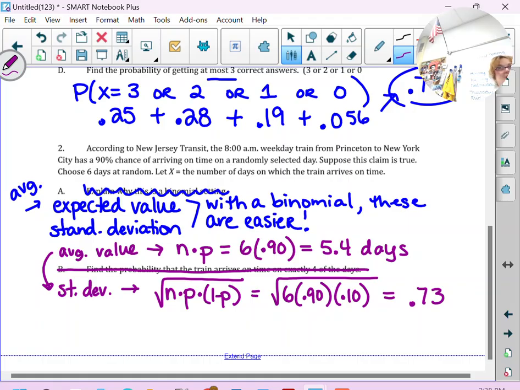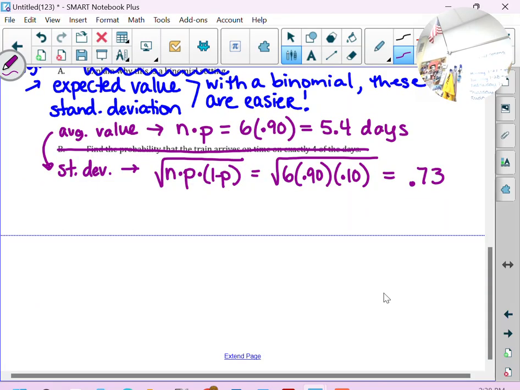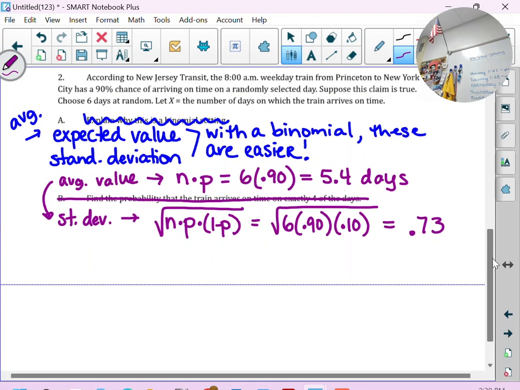So it's always hard when we do average value and standard deviation for something discrete and we get decimals. It's hard to wrap our head around it. So we can round them off and go, okay, around 5 days plus or minus a day. So about 4 to 6 days out of 6, it's very likely the train's going to be on time.